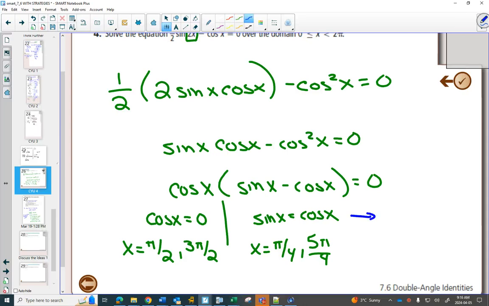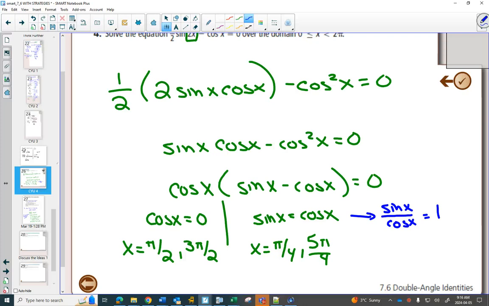You could solve this one just with your pi plate by asking, can they equal each other? Yes. You could also solve it by dividing both sides by cos. Dividing by cos might be bad, because cos might equal 0, and it does equal 0 in some situations. But for this solution, if cos is 0, sine can't be 0, so it's not a solution for this one.